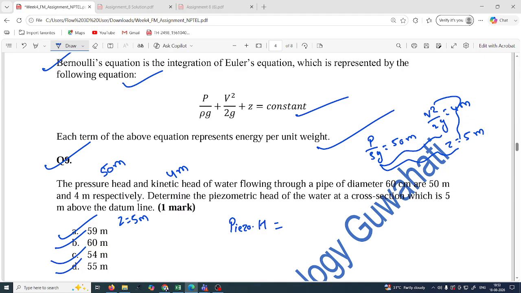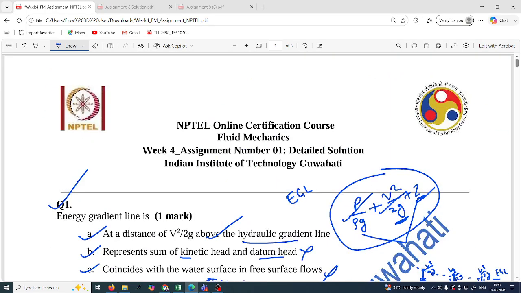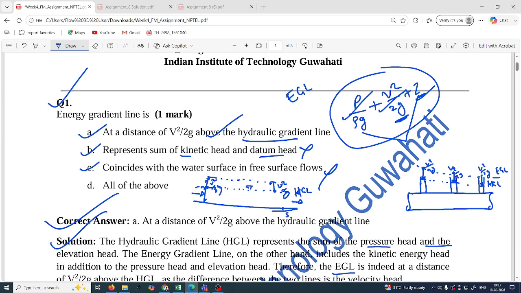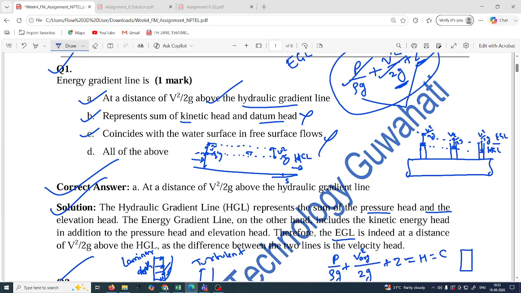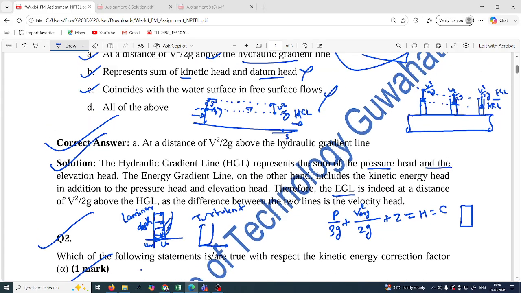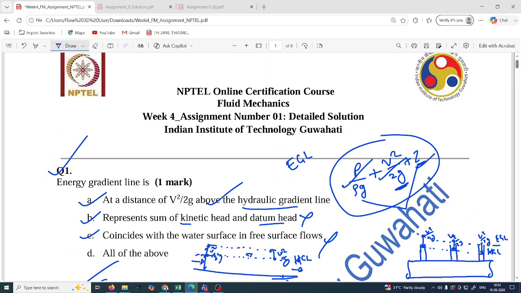In the first question I have told you, let me just show you here. I have already told you P by rho g plus z will include your hydraulic gradient line.